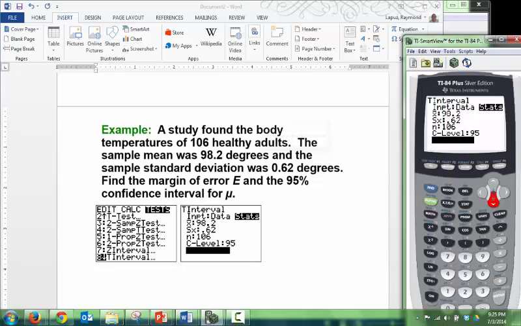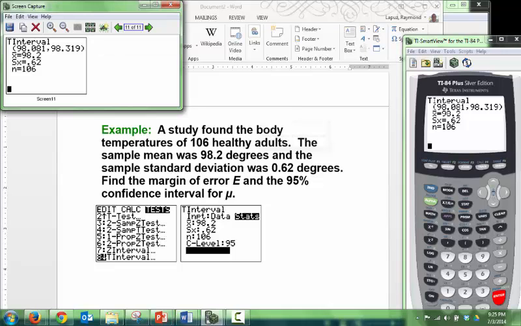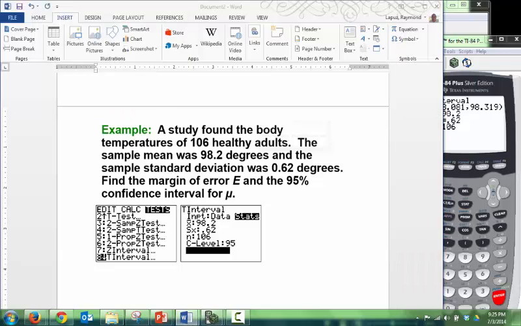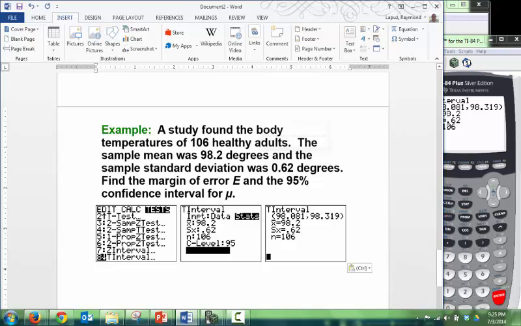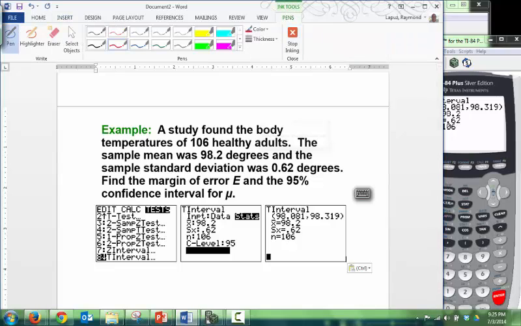So let's calculate it. And then we got our results, which is, again, very similar to, or exactly the same as what they had. And you would write your results with an inequality, 98.08 less than mu less than 98.32.